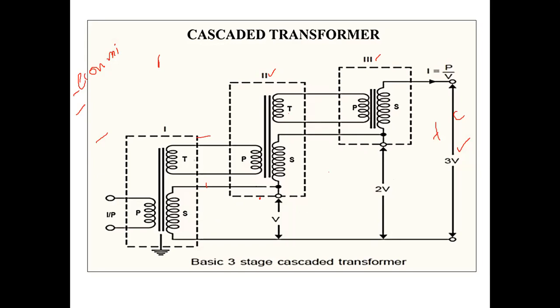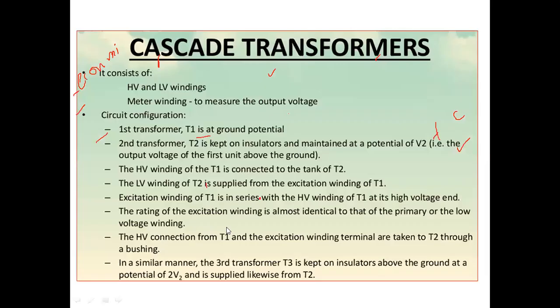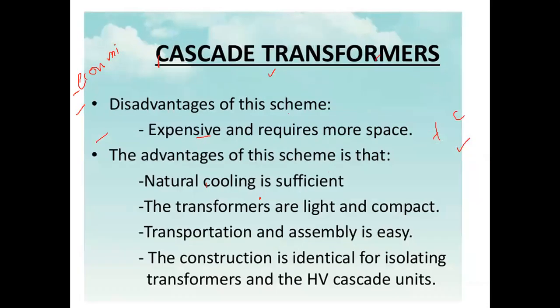It means there is no need to use oil or some fans for the cooling purpose. The space will allow the air to pass through and flow from here and there, so no cooling arrangement is required for this cascaded transformer.